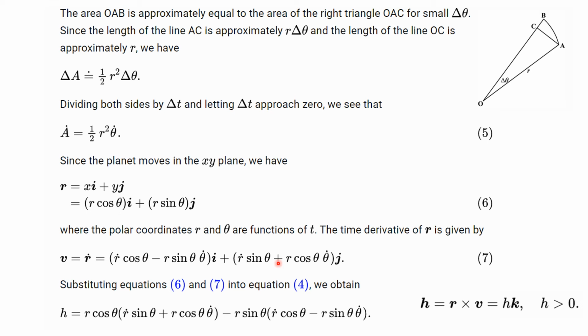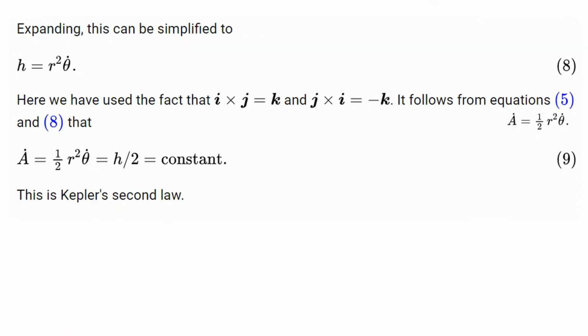Now I'm going to recall that h was equal to r cross v is hk, but I can calculate r from this expression, and I can use this for v, and I get this, that h is equal to this. That's what we find in the k direction. You should finish these calculations, but that is what you get.